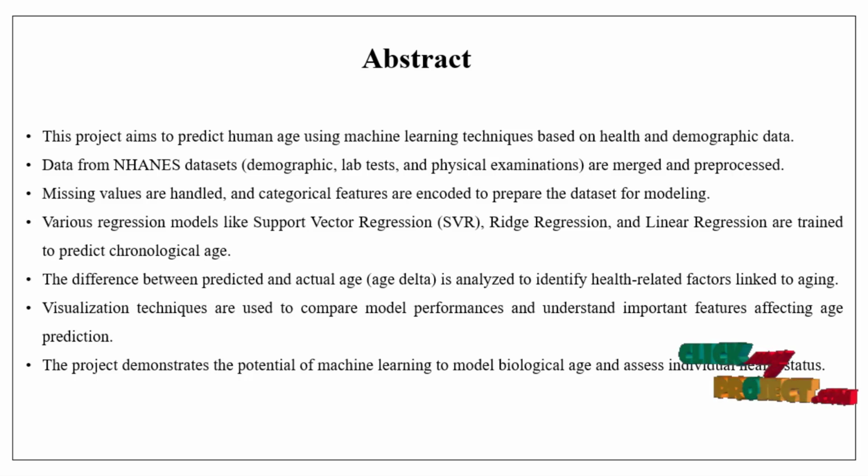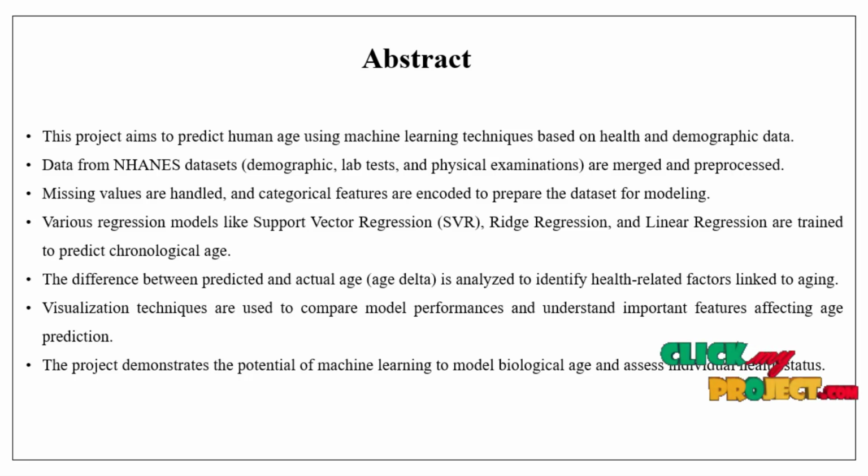We start by collecting three National Health and Nutrition Examination Survey datasets: demographic, lab result and physical examination. These datasets are merged using a unique ID.